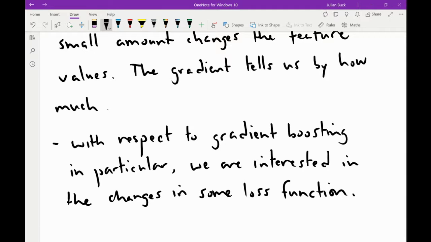So the rough idea here is our loss function is a function which depends on the feature values, right? Because the idea is how are we measuring the change in the target? Well, it's going to depend on the features.